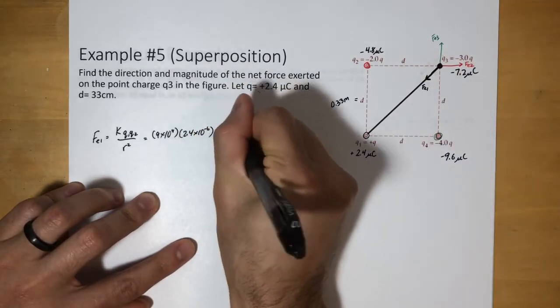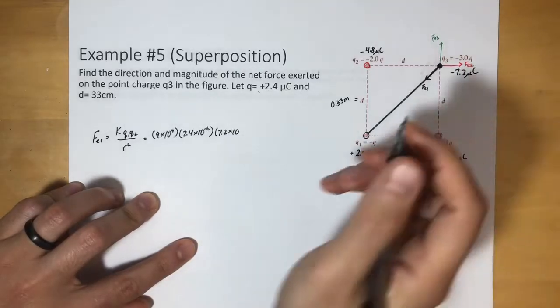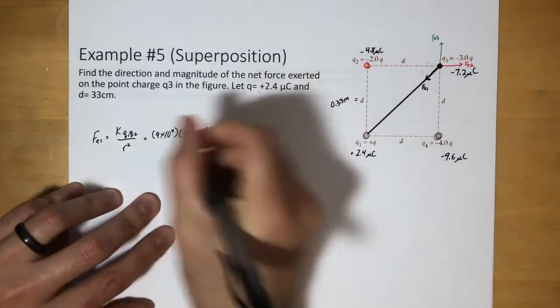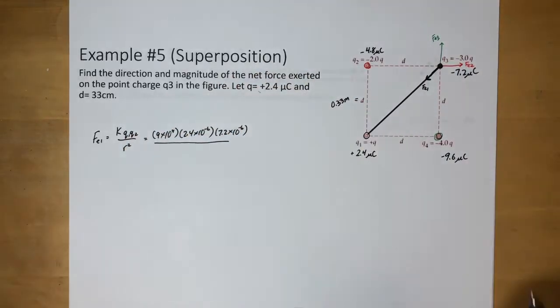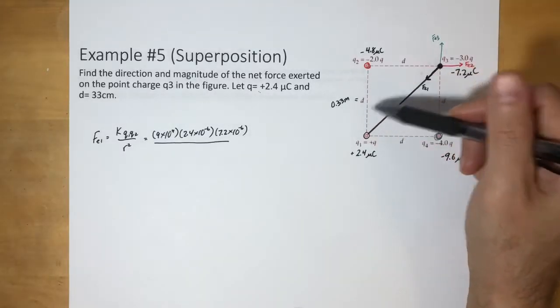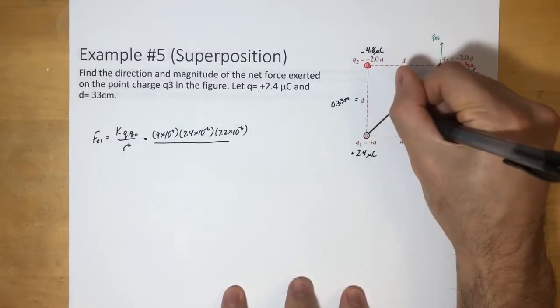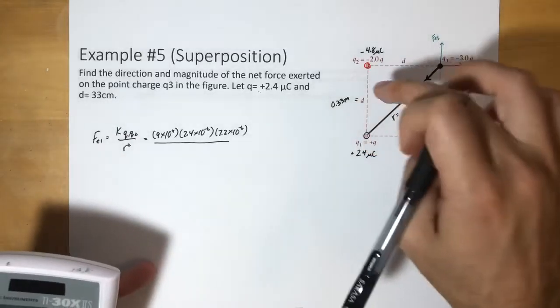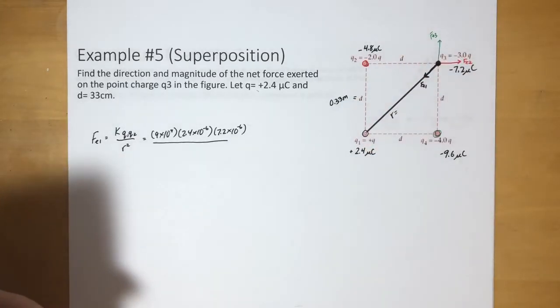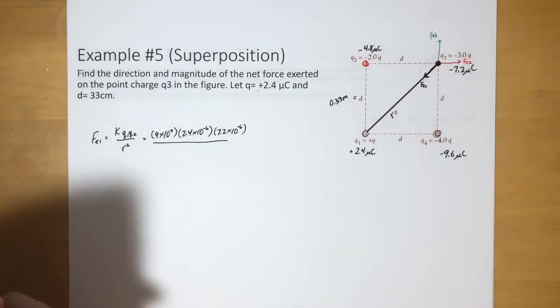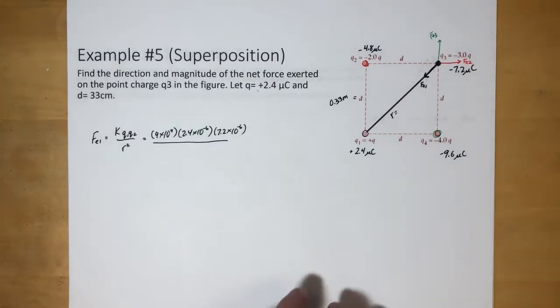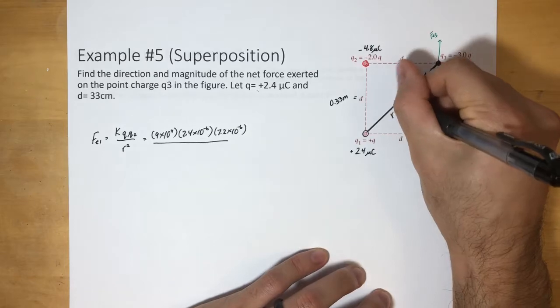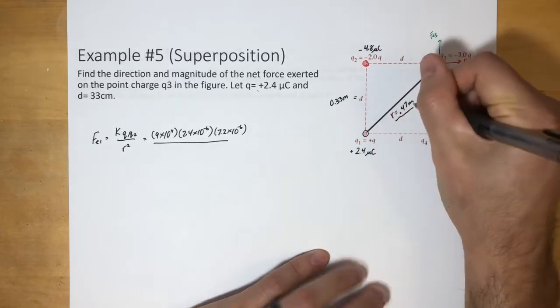I just use the absolute values because I know which direction it's going to go. Times 10 to the negative 6, and R. Again, we know this side is 0.33 meters, but we don't know what this R is over here. So I'm going to use the Pythagorean theorem to figure out that R: 0.33 squared plus 0.33 squared, square root of that, and we get 0.47. So this is going to be 0.47 meters.